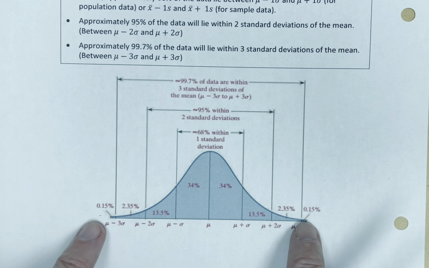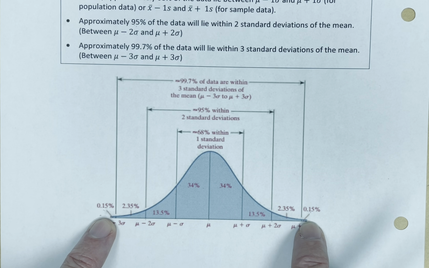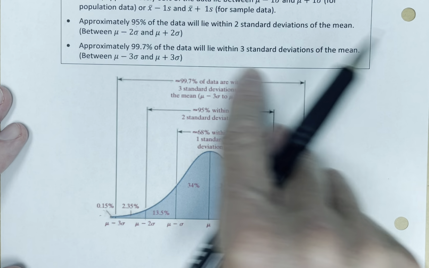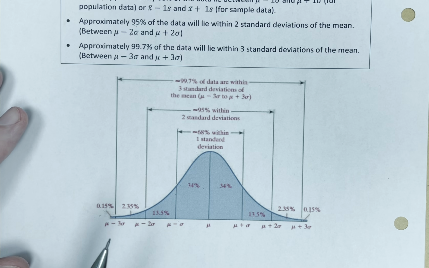This goes on mathematically forever. Rare exceptions to get beyond the mean plus 3 times standard deviation, or beyond going the opposite direction, mean minus 3 standard deviations. So this is it right here. This is the normal distribution.